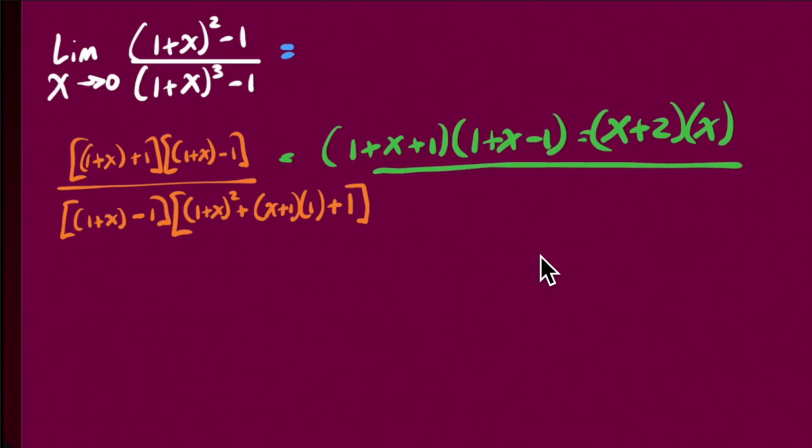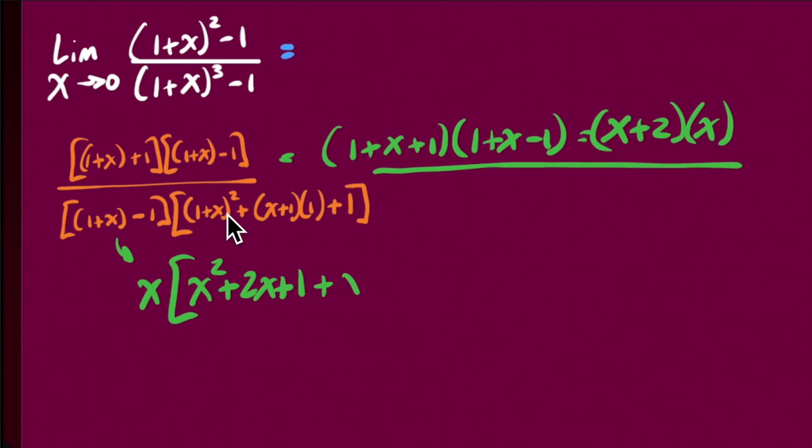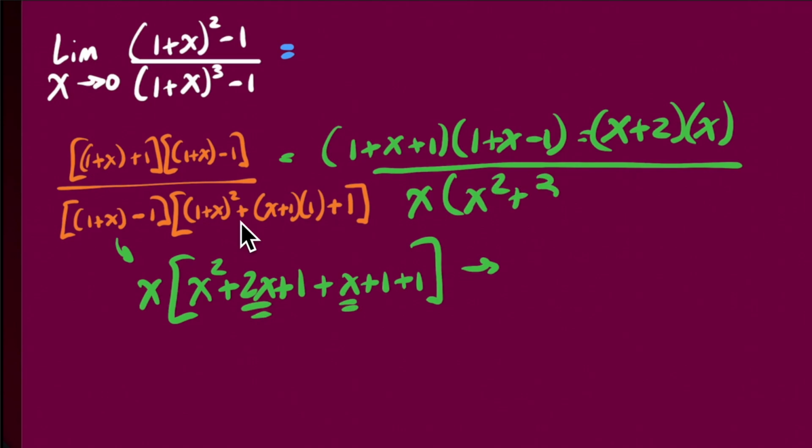For the denominator, this is going to become x. And here, if we FOIL out (1 plus x) squared, we're going to have x squared plus 2x plus 1. And then we're going to have plus x plus 1 plus 1. This is going to simplify to x times (x squared plus 3x plus 3).